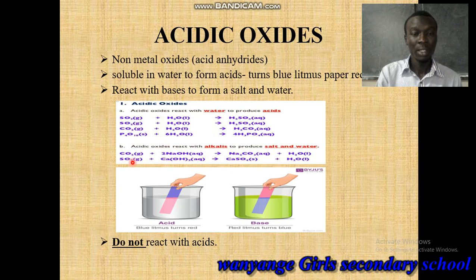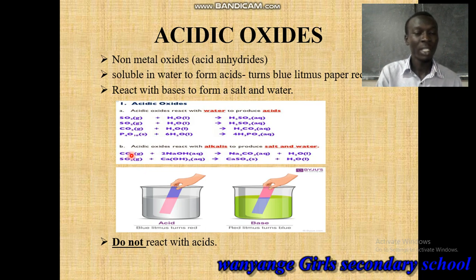So in detailed chemistry, you realize that this reaction actually first proceeds through formation of the acid. Remember that these acidic oxides dissolve in water to form acids. Carbon dioxide forms carbonic acid. Then that carbonic acid reacts with the base, sodium hydroxide, to form sodium carbonate and water.